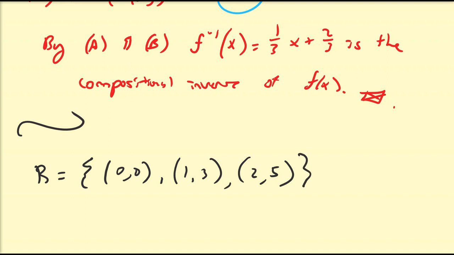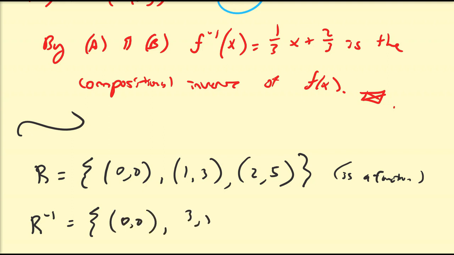This R is a function. You should be able to verify that on your own. This function maybe has an inverse, maybe it does not. The inverse image, which I'll abbreviate by f with a -1, is going to be equal to, swapping the domain and range for each of these points, (0, 0), (3, 1), and (5, 2).